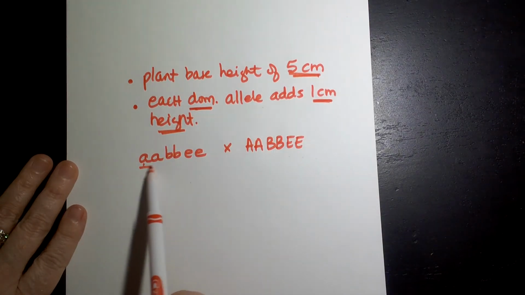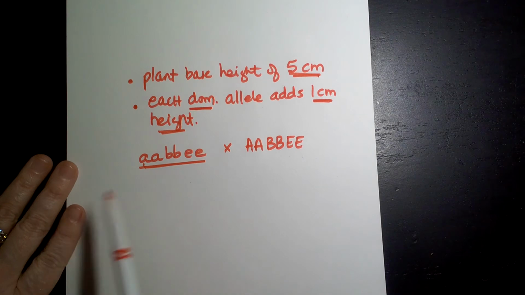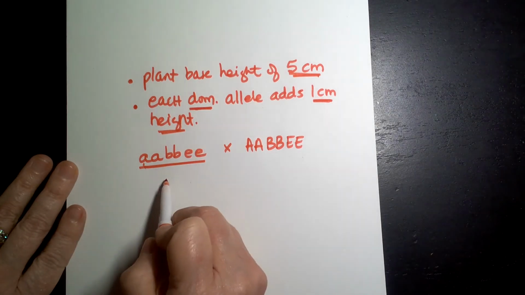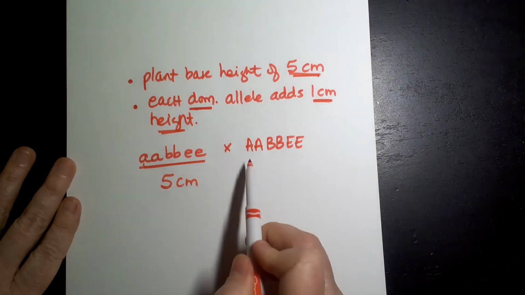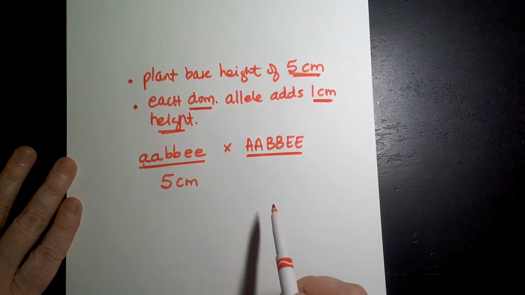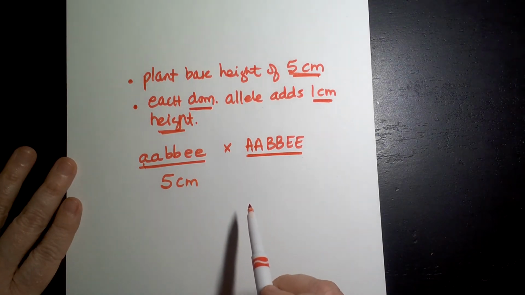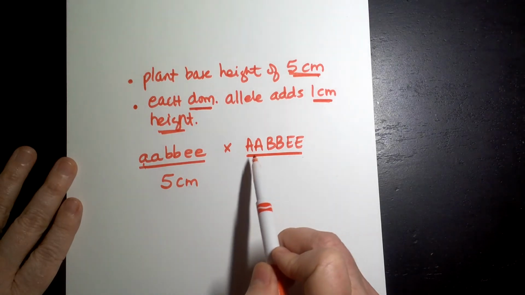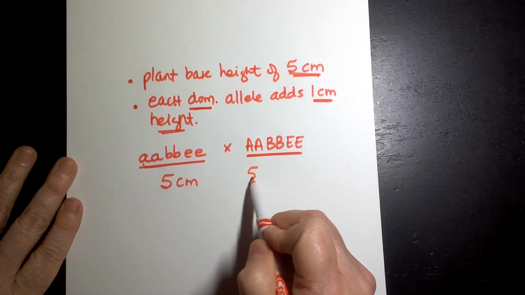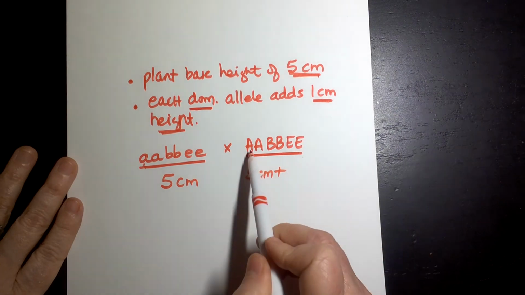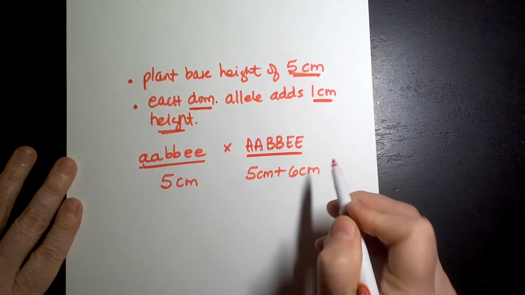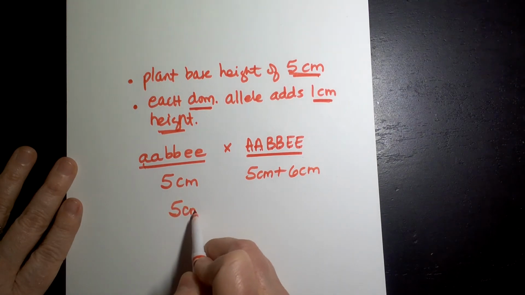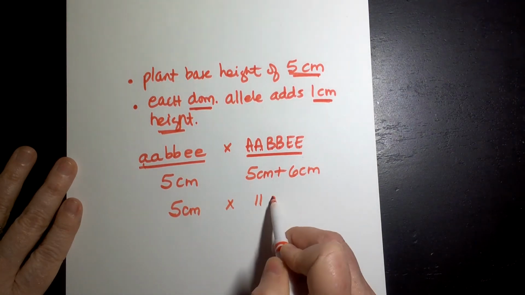This parent plant has no dominant alleles, so their base height is going to be 5 centimeters because they can't add anything to it. This plant gets to add a centimeter for every dominant allele. So they start at 5, and they add 1, 2, 3, 4, 5, 6. So they add 6 centimeters. Basically it's a 5 centimeter times an 11 centimeter.